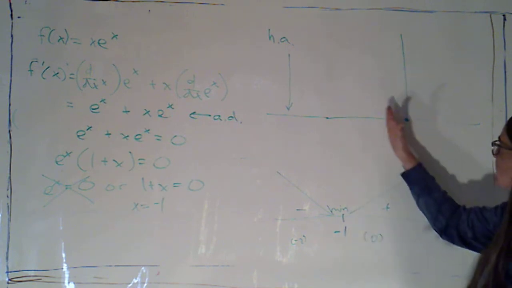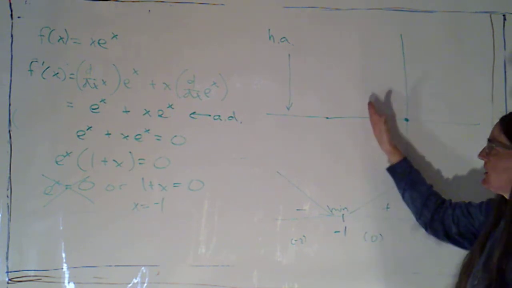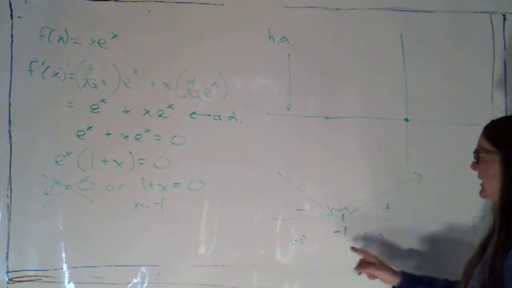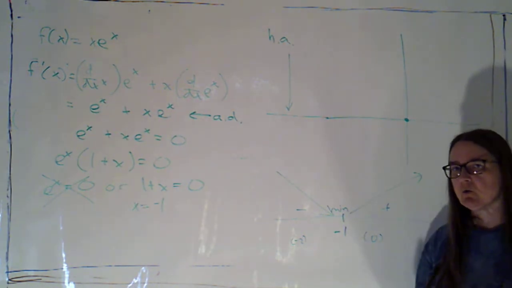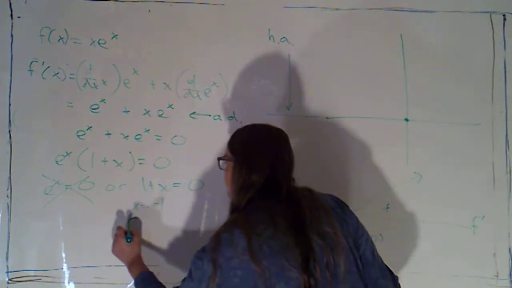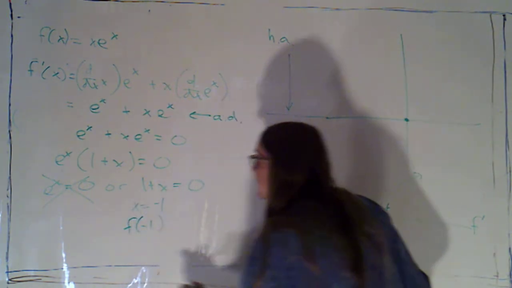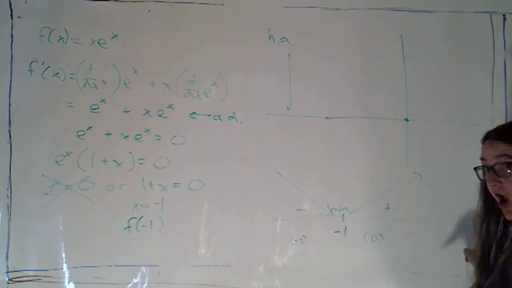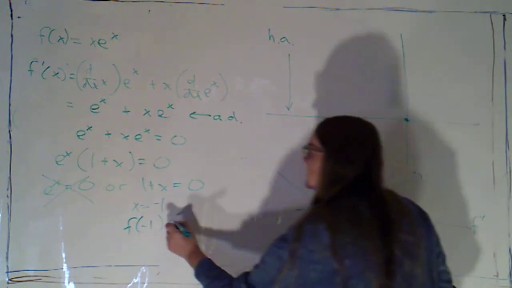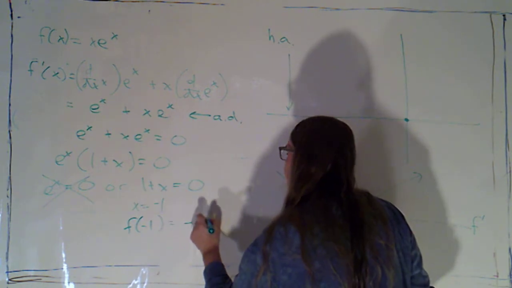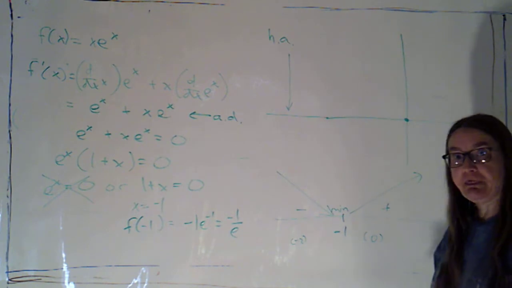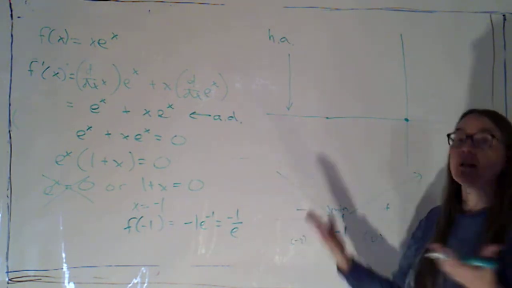Now, negative 1 is just the x value. I want to know how low down that min actually goes. So I need to figure out the value of the min. So I need to plug that in to f. Not to f prime, but to f, the original function. So when I do that, I'm going to get negative 1 times e to the negative 1, or negative 1 over e. That's a negative number.